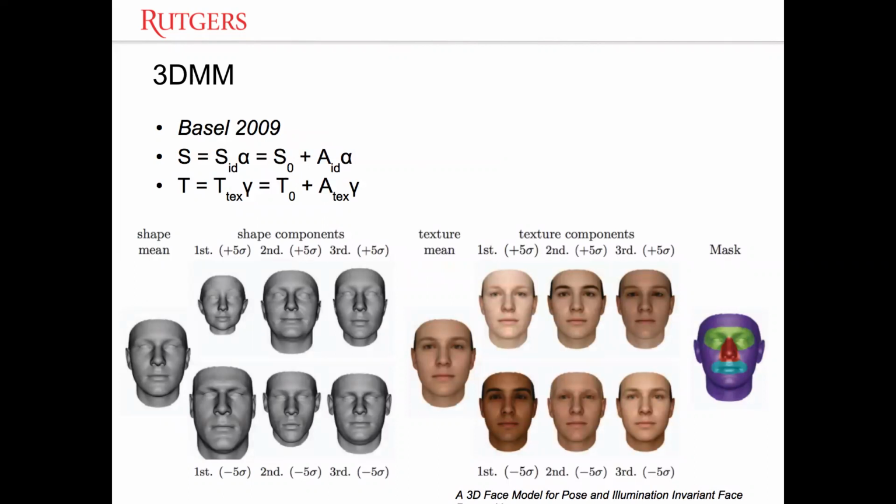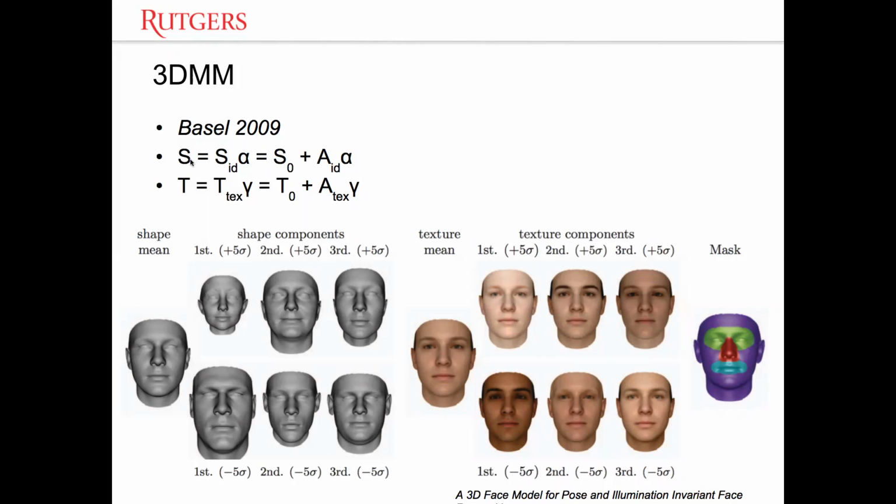Let's talk about some details using the Basel 2009 3D morphable model. This is the first ever created 3D morphable model. So let's assume we have a set of vertices called S, represented by vertex 1 XYZ, vertex 2 XYZ, and so on.